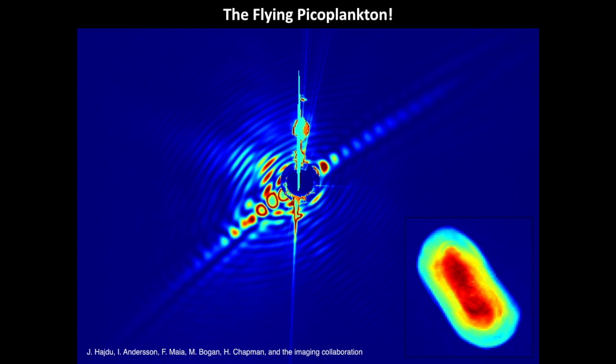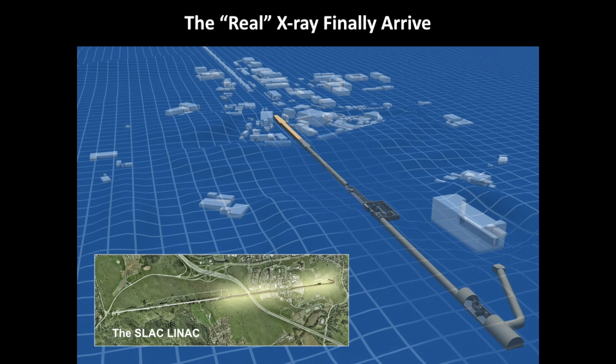Again, the reconstruction doesn't really show anything in the interior because of the wavelength that we're at, very soft X-ray. So this is basically the outline, but it was preparation for the next step, trying to go to harder X-rays, having developed some of the techniques. So in 2009, finally, the LCLS arrived, the first real X-ray free-electron laser.